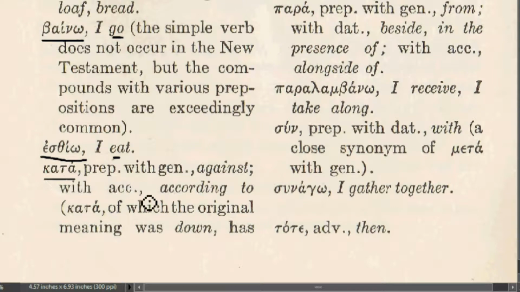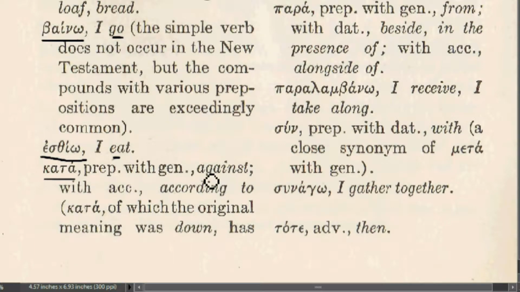Kata is a word that has quite a few different meanings in the New Testament, and it's frequently used in connection with other words. For example, katabino, you see it right here. Kata, in and of itself, can mean, when it's simply standing alone, for example, with the genitive, against.